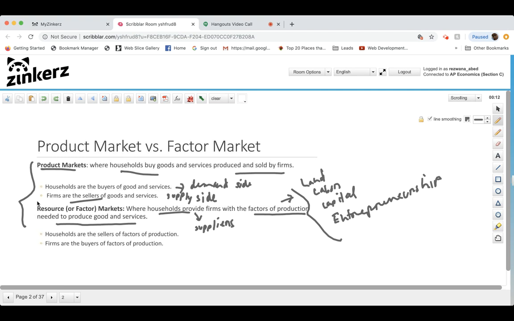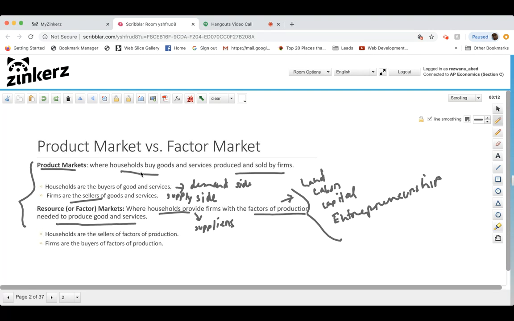It's not that the product market is separate and the factor market is separate. In order for firms to be able to make products, they need to buy these factors of production, these inputs, and they're going to do that in the factor market. This is why it's crucial that we understand how factor markets work, how prices are determined for factors, and what supply and demand look like in factor markets.